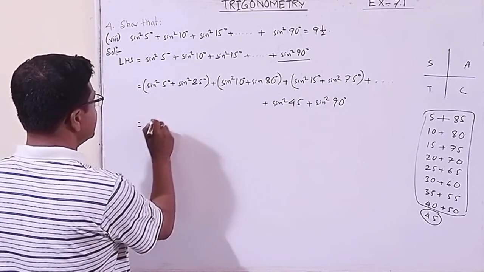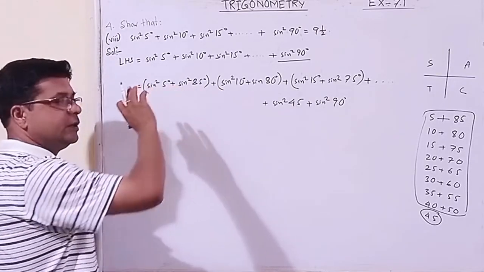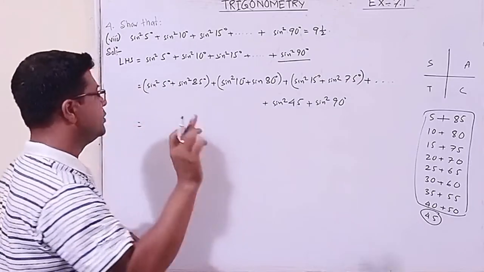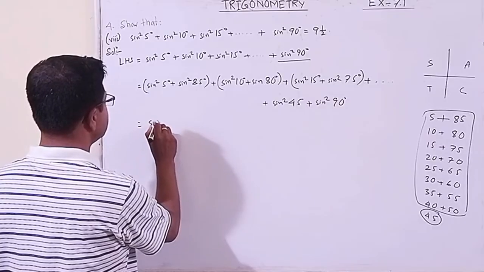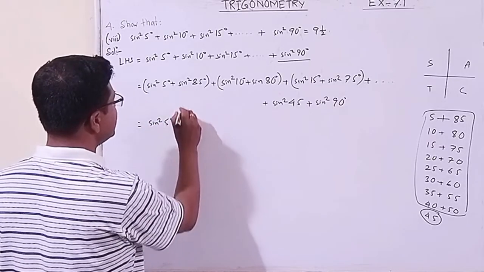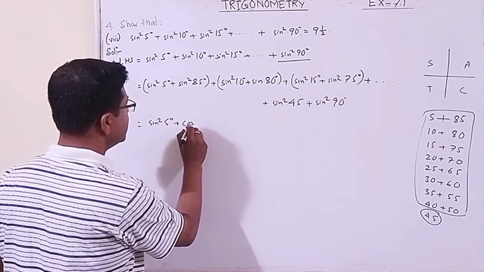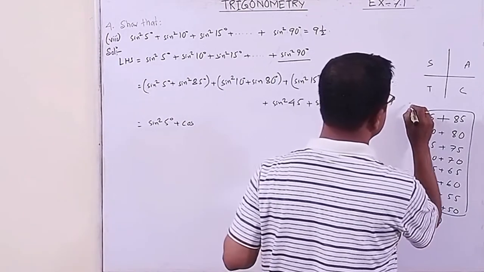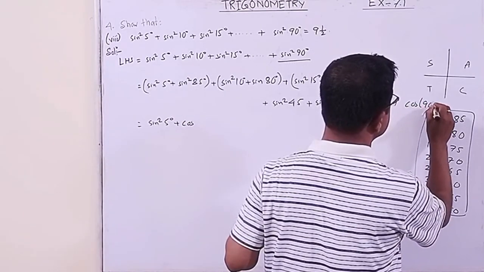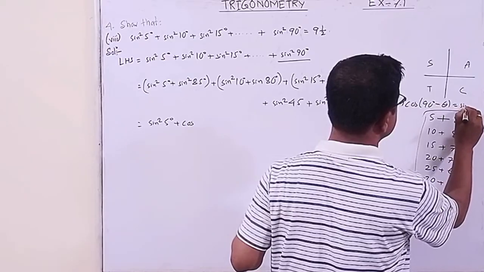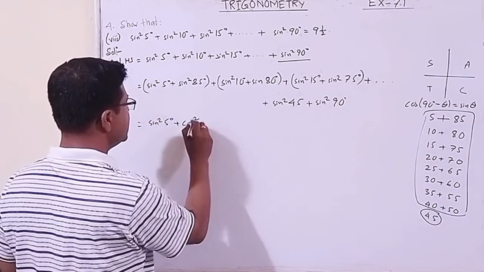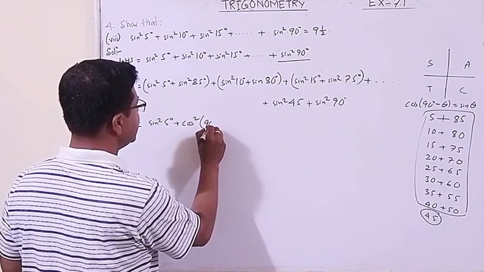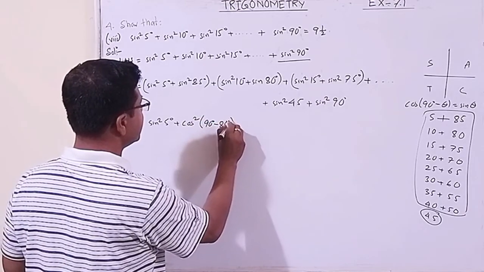Now they are complementary, so you know that in one pair we change only one ratio. Let us change the bigger one. Sine square 5 degree, sine will be converted to cos, because the concept is cos 90 minus theta is sine theta. So sine will be converted to cos. Square is there, square 90 minus 85.